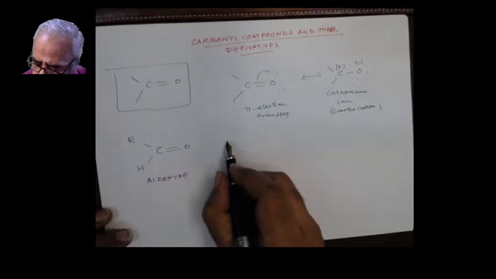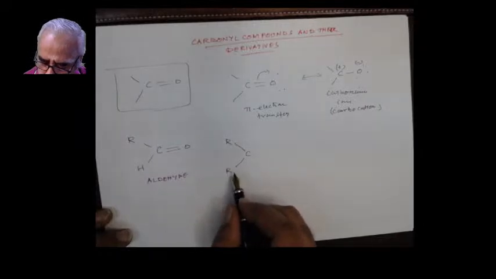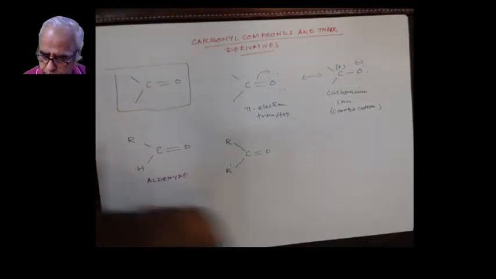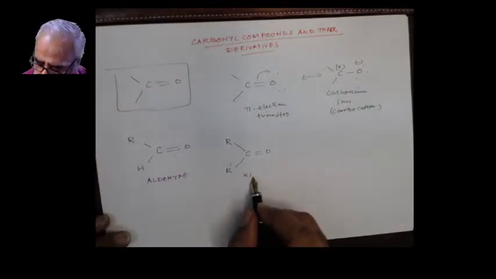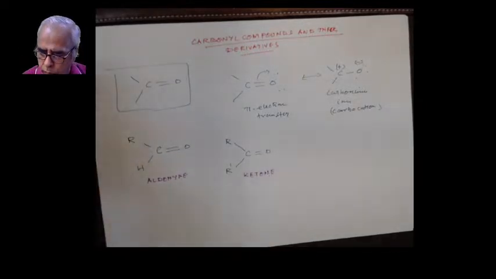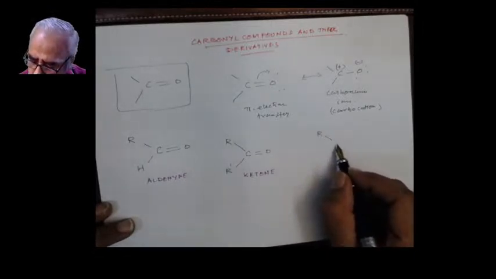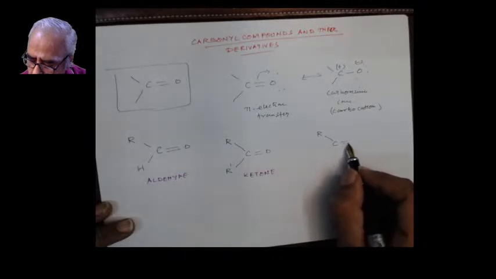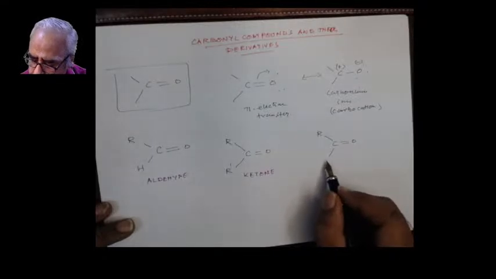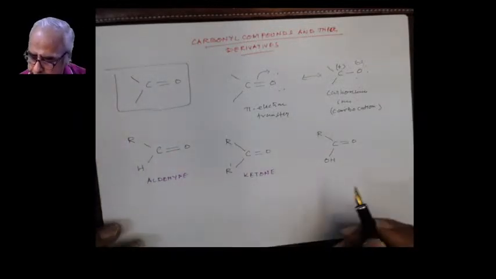When you have R and R either the same or different, then it becomes ketones. When you have R here and C double bond O, and on the other side you have OH, then it becomes carboxylic acid.